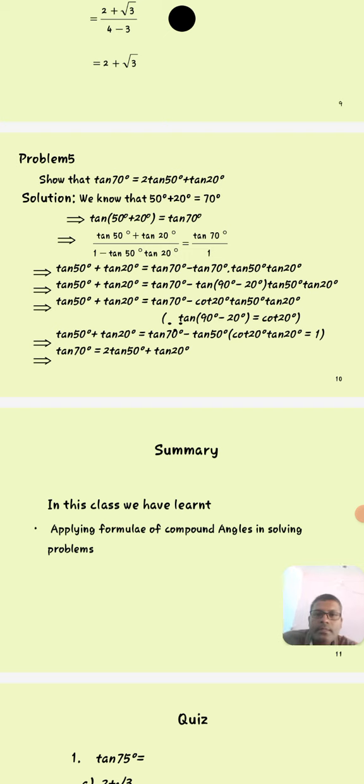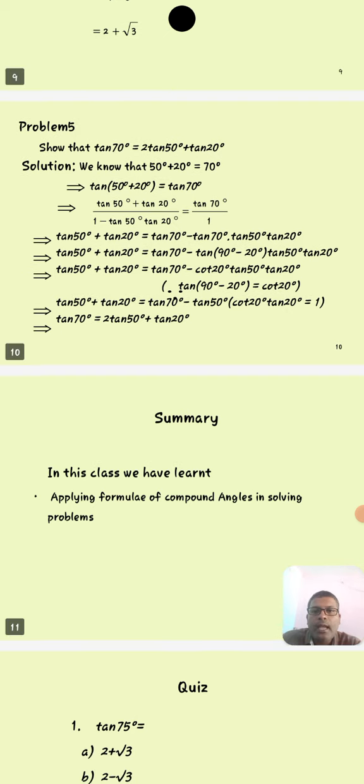That implies tan 50 plus tan 20 is equal to tan 70 minus tan 50 into cot 20 into tan 20. Here cot 20 is equal to 1 by tan 20, so tan gets cancelled and that is equal to 1.